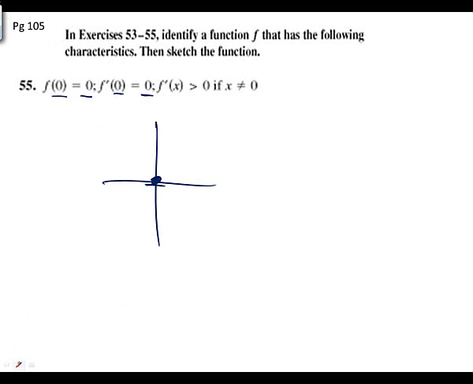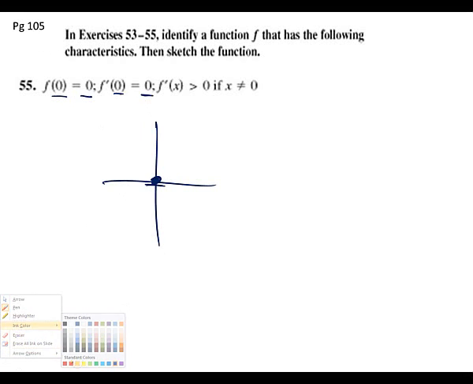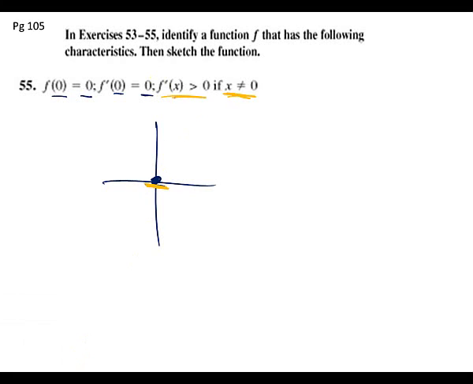Let me use a different color. Oops, that wasn't the different color that I wanted. All right, so my slope is 0. Then it says, as long as my x value is not 0, what's going on with the slope? It's bigger than 0. So I always have a positive sloped graph, right?